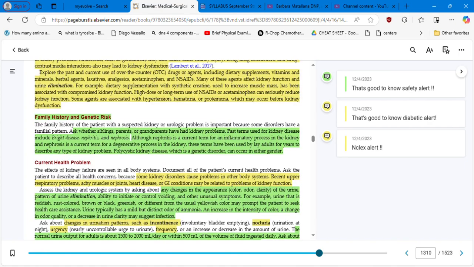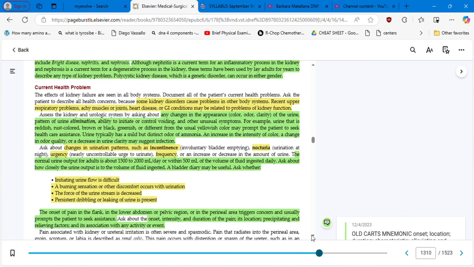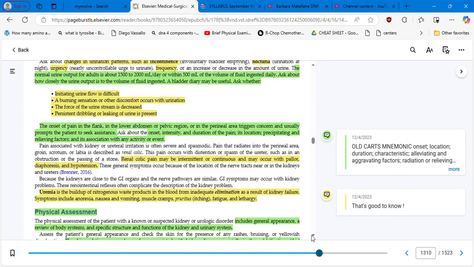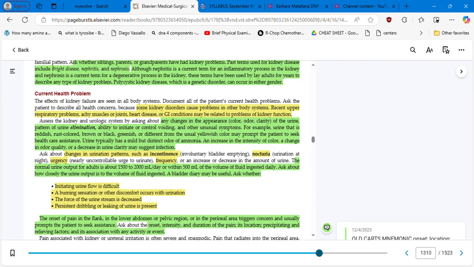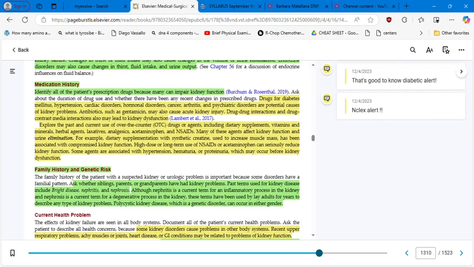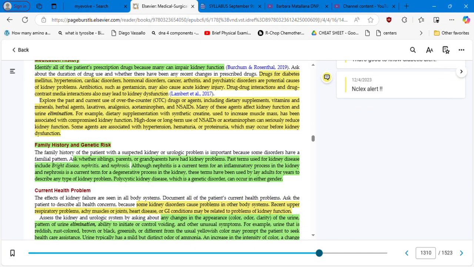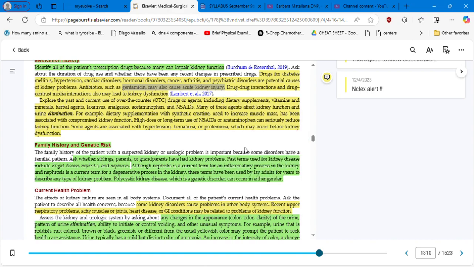Gentamicin, okay? Remember that one. Assessment, medication history here. Okay, gentamicin may also cause kidney injury. This is NCLEX alert.